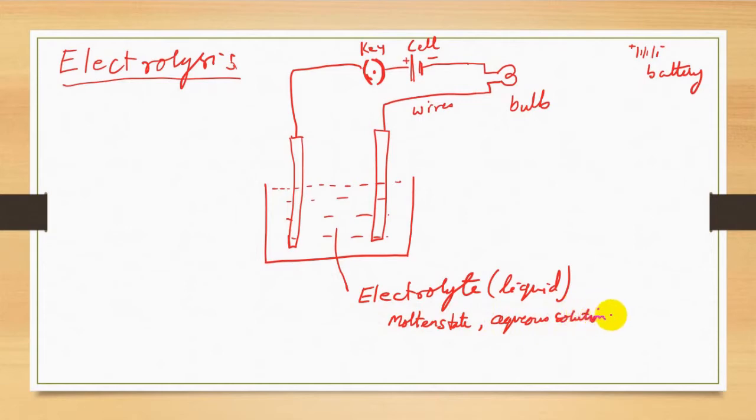Aqueous solution means it is dissolved in water. Molten is also called fused. If I say fused state or molten state, both of them mean the same.